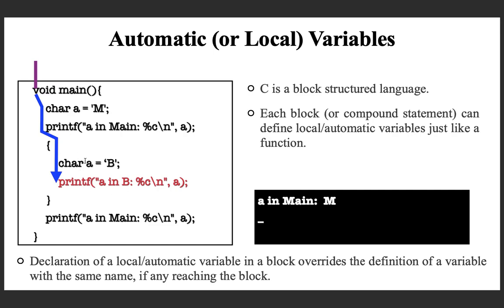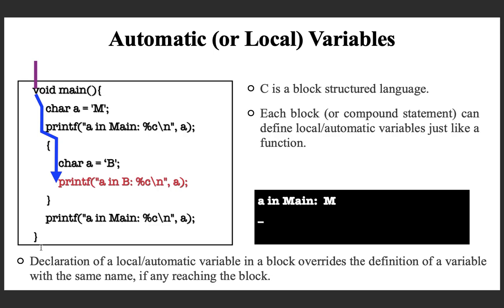When I say reaching that point, I mean a variable which is accessible to that particular program point. From the definition of the scope of a variable, we saw that the scope or accessibility starts from the point of definition and goes till the last statement of the block.